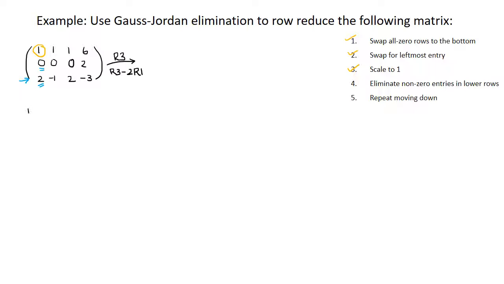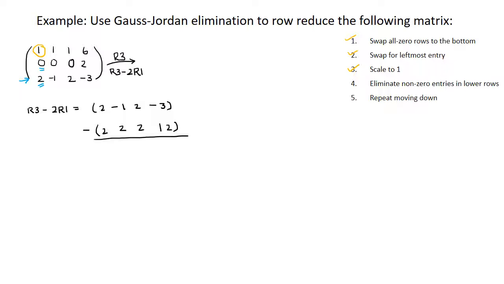So row 3 minus twice row 1 is going to be equal to, so row 3 is 2, negative 1, 2, negative 3. And I'm going to be subtracting twice row 1, so 2, 2, 2, 12. Okay.